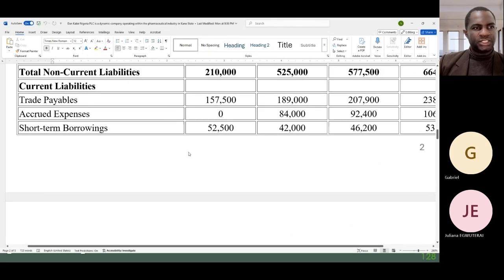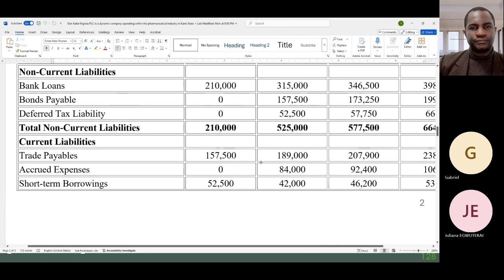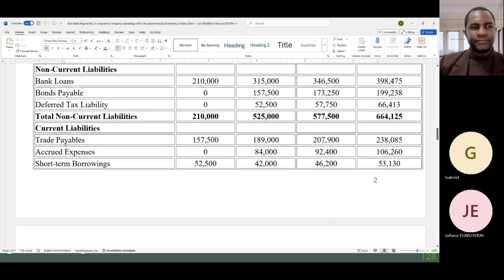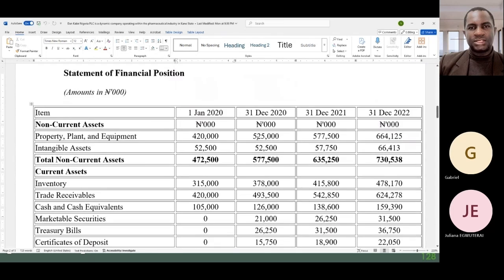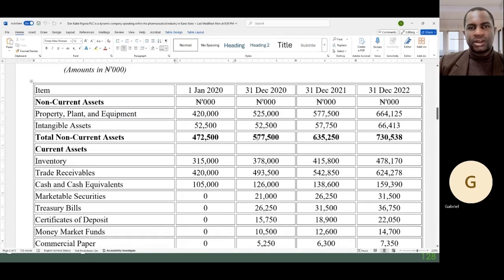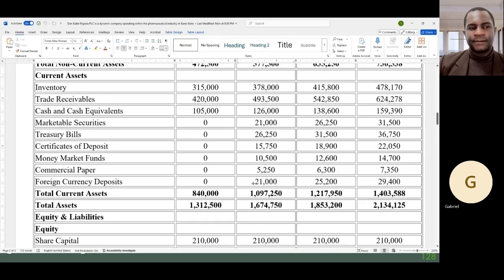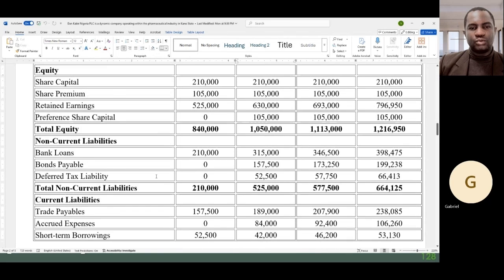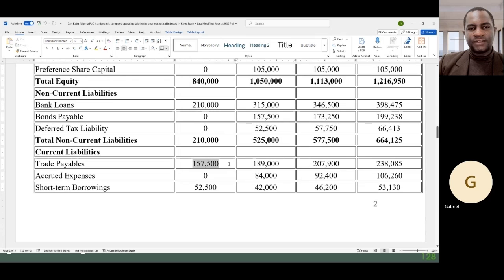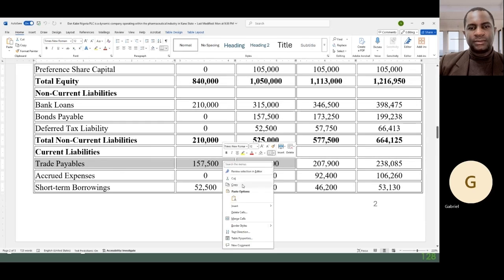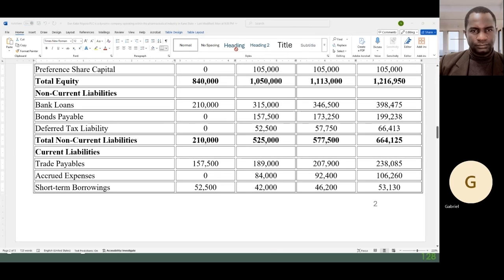Okay, so on our financial statement, we have trade payables beginning as 157,500, and we have the closing. If you can see from the SFP, we have January and we have December. For trade payables, we have 157,500,000 and we have 189 million.